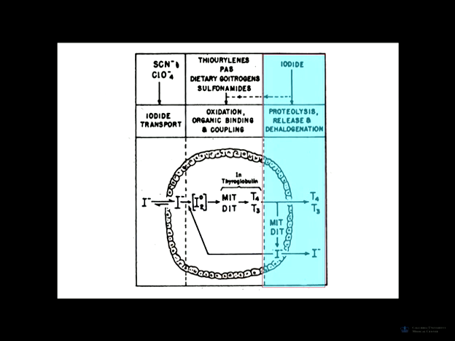Iodine is the most important inhibitor of the proteolysis release and dehalogenation step in thyroid hormone biosynthesis. It's an immediate effect.